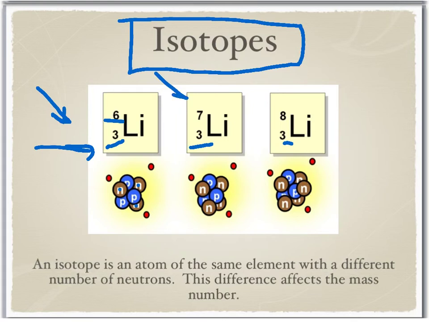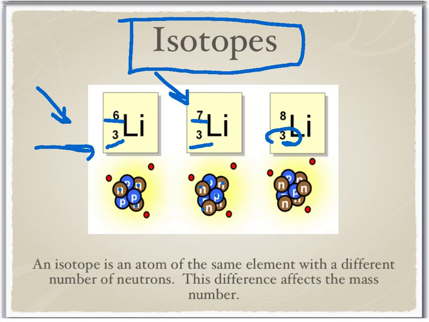In the second example of lithium, sure enough, there are 3 protons, just as we would expect from lithium. But there are 4 neutrons this time, which affect the mass number, or the mass of the atom. And then in this last example, we can see that there are 5 neutrons. It's still lithium, however.